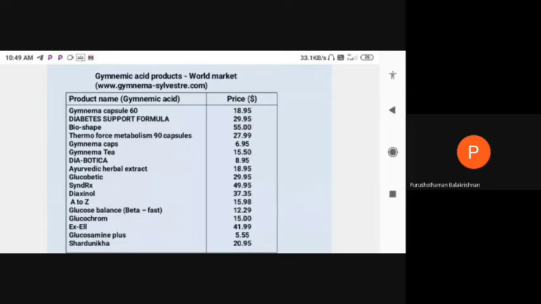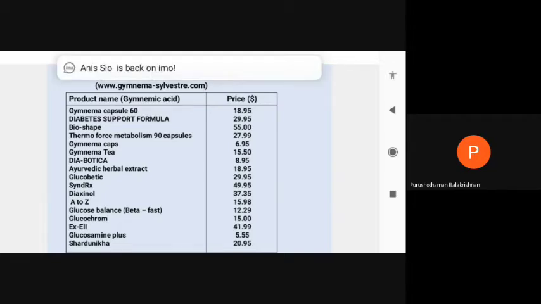If they regularly take one tablet or one spoon, it maintains blood glucose level, and as I already told you, it regenerates the pancreatic beta cells. It is very helpful for human beings. So gymnemic acid is important and helpful for curing diabetes.